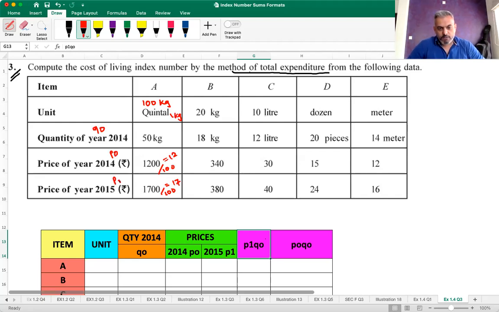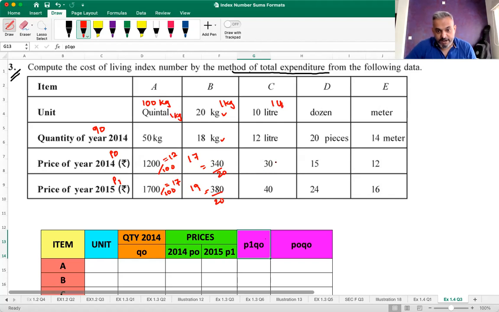P0 and P1. Now B, unit 20 kg, 18 kg, kg is correct. But pay attention dear students, here the price of 20 kg is 340, but we are buying only 18 kg. So we have to convert this 20 kg to 1 kg, and price divide by 20, which is equal to 17, which is equal to 19. Then item C, the price of 10 liter is 30. So we convert it into 1 liter.